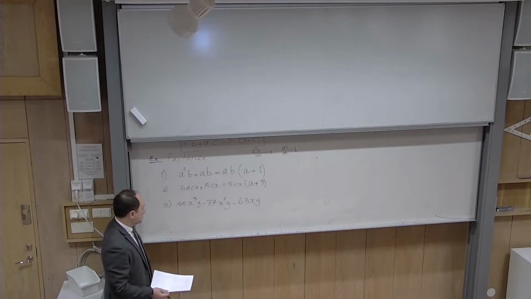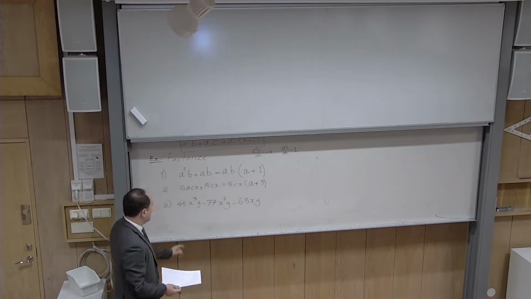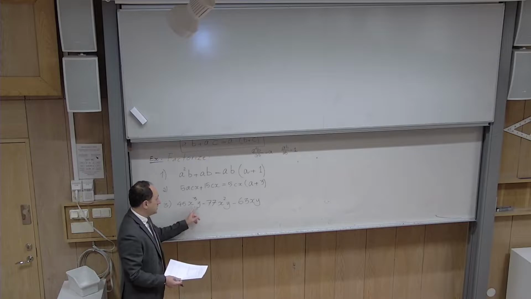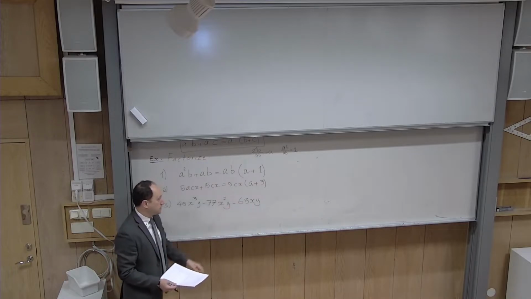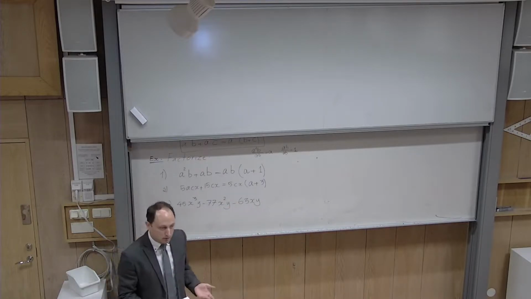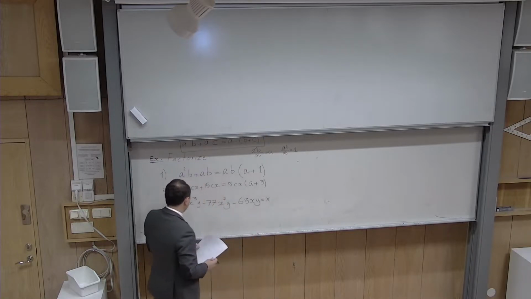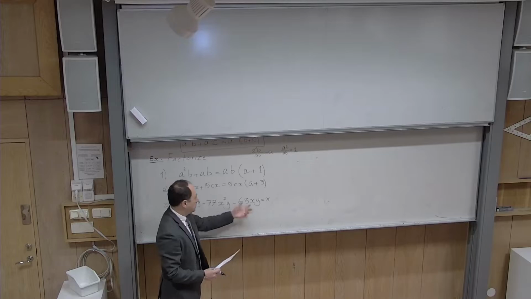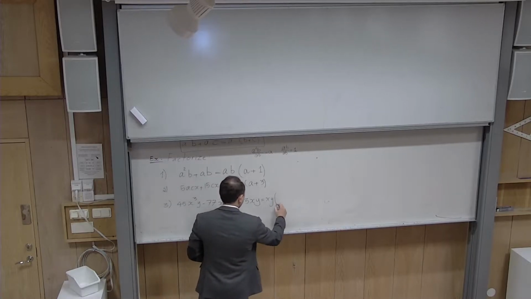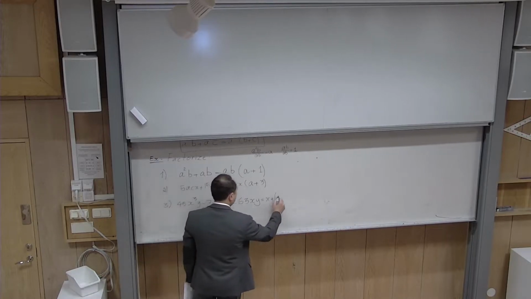No. So forget about numbers. But then you see that I have 3 powers of x here, 2 powers of x here, 1 power of x there. So the maximum power of x that I can pull out is just 1x. So I just write 1x. I have 1y here, 1y here, 1y here. So I just pull y out. And then it becomes 45x squared.